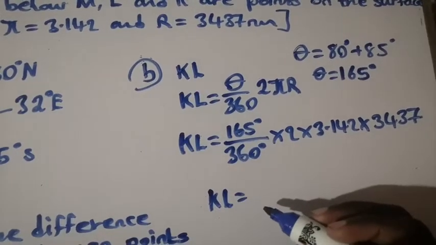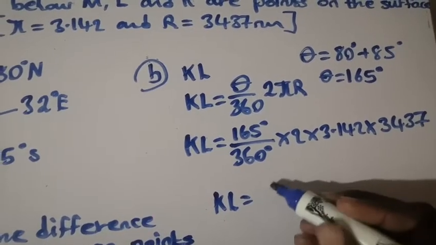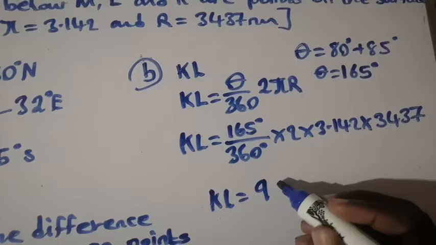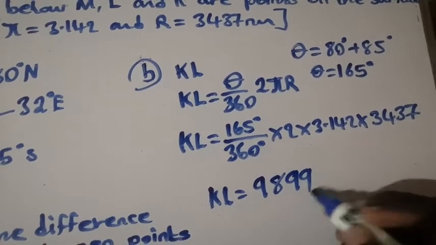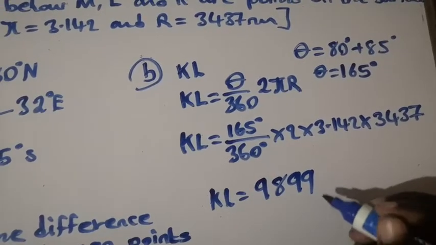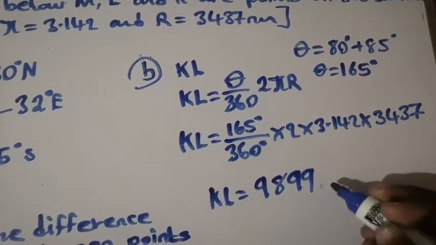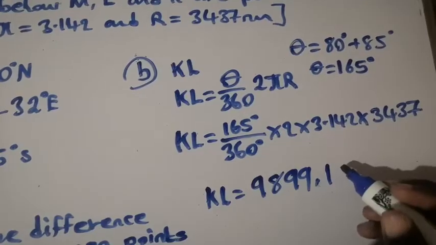When we punch on the calculator, we are having 9,899.13.